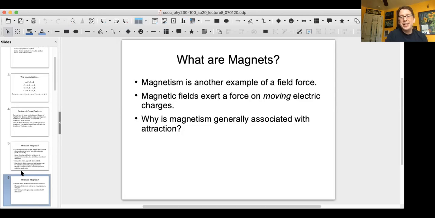So why is magnetism generally associated with attraction? Well, go think about what we talked about in the beginning of chapter 21 with electricity, with induced charges, that if you have an otherwise neutral object, but the electrons can move in it, and you put a positively charged object near it, well, that's going to attract some of the electrons.